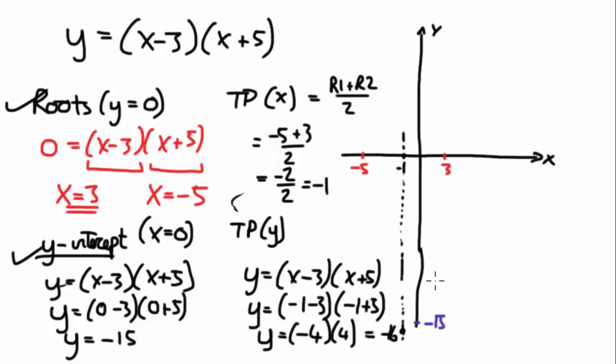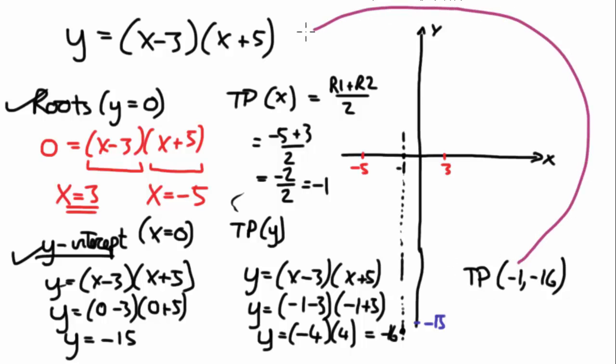Okay, so your turning point is essentially minus 1 and then minus 16. So remember, once you work it out for x, you just put it back into that equation. Okay, so you're substituting it there for your x.